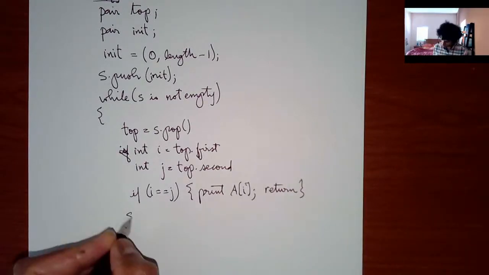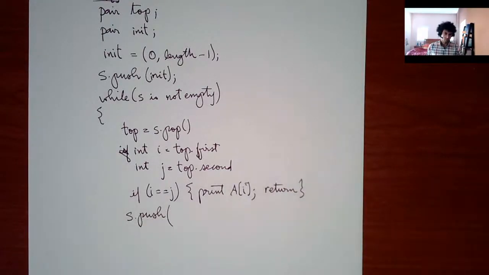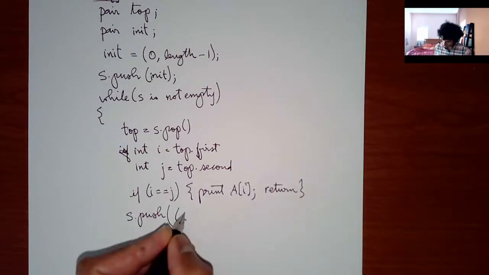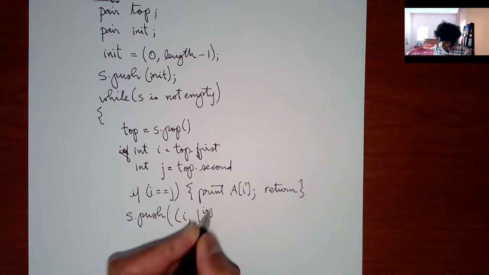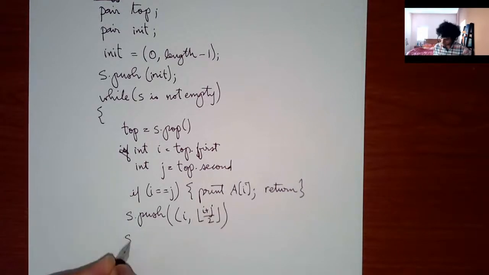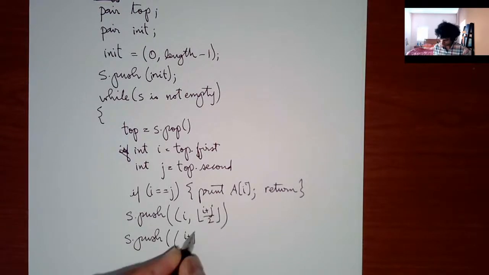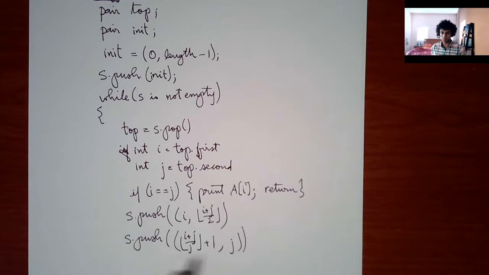Otherwise, I push i and (i plus j) divided by 2, and then I push (i plus j) divided by 2 plus 1 and j. So I'm pushing pairs onto the stack, and this is the entire description.